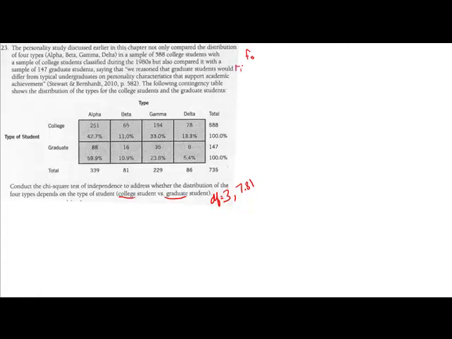So let's do row 1, column 1. Let's go ahead and go across. And then I'll do row 2, column 1, row 2, column 2, row 2, column 3, row 2, column 4.